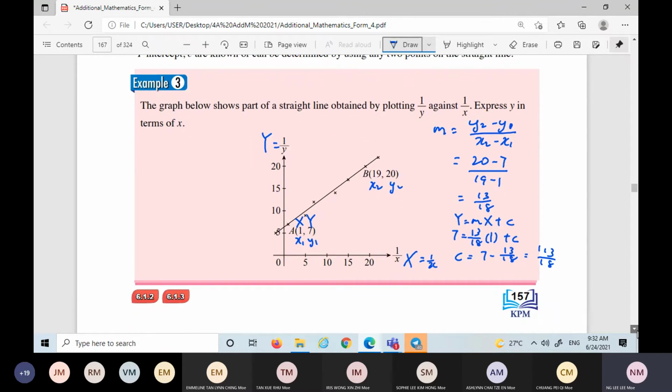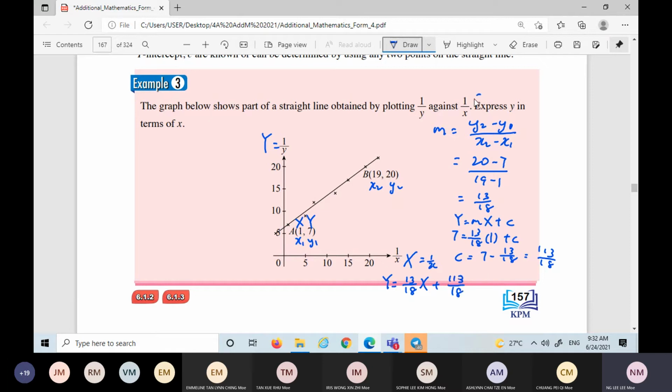So not yet finished. I have got my x and y. Okay, next. I write it out: Y is equal to mx plus c.